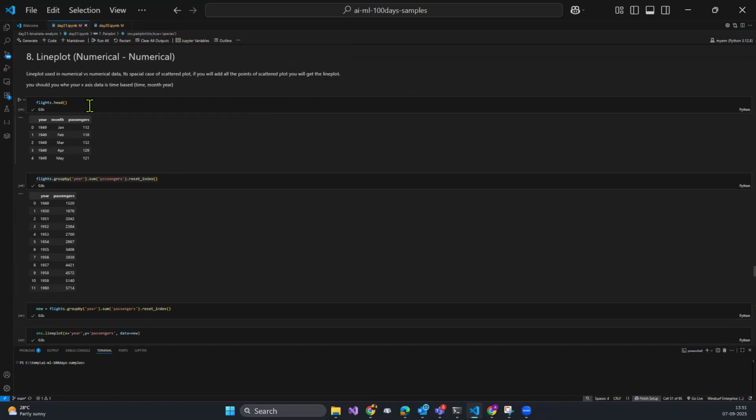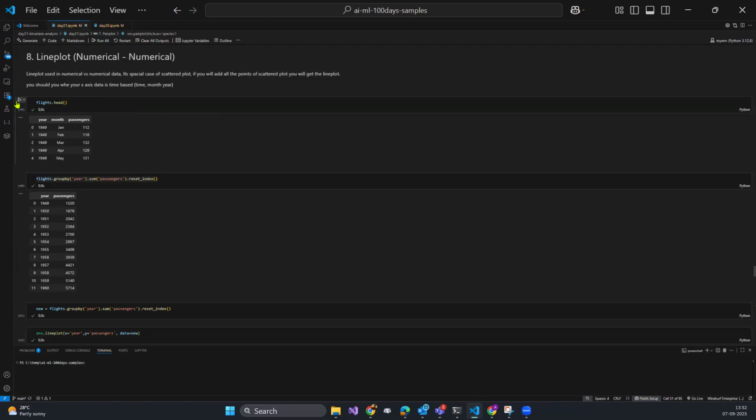So you should use your numerical column on the y axis, and the x axis should be time-based data. For example, time, month, year, and so on.